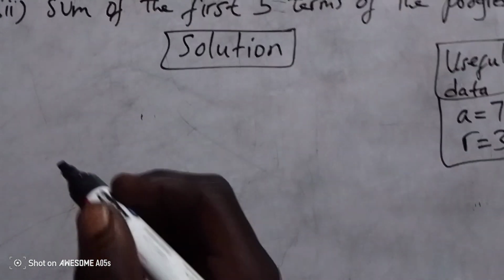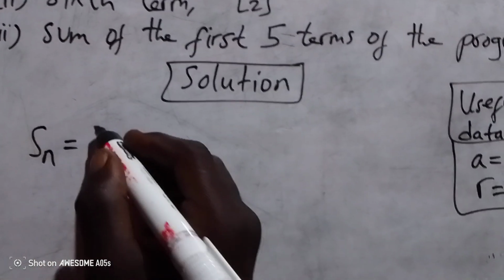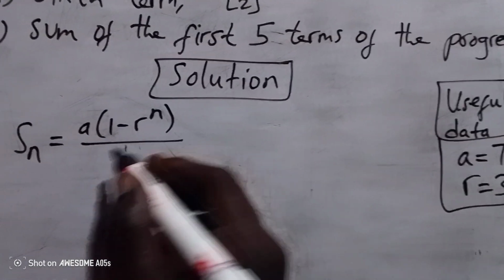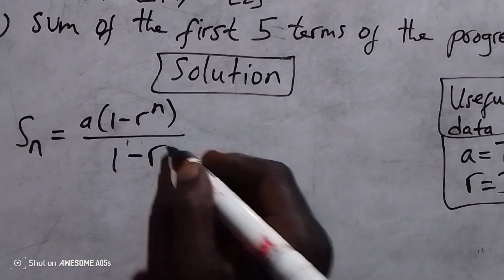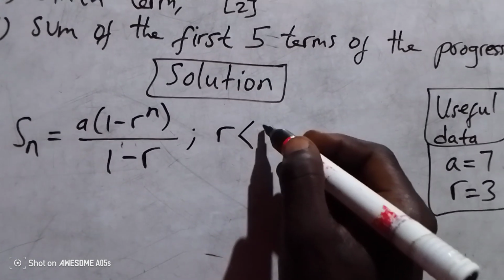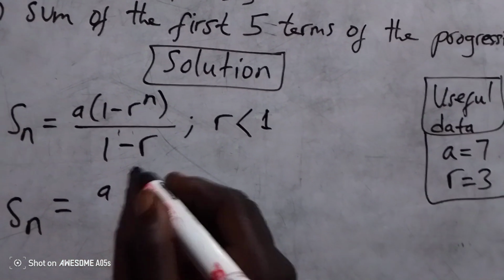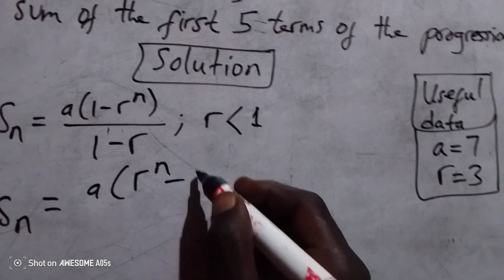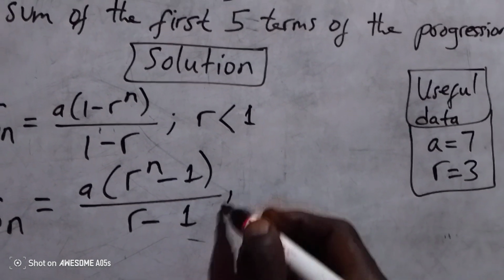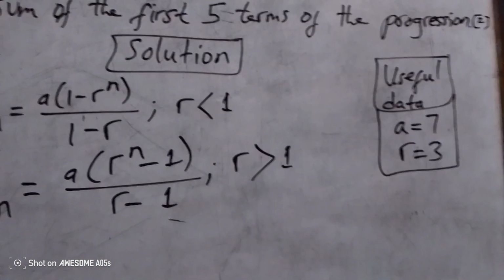Basically there are two formulae for the sum of the GP. So there is this formula. I'll explain how they differ. This formula is used when your r is less than 1. Then there's this formula, which is used when your r is greater than 1.